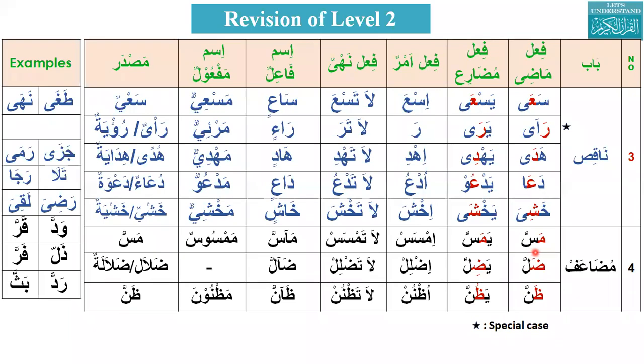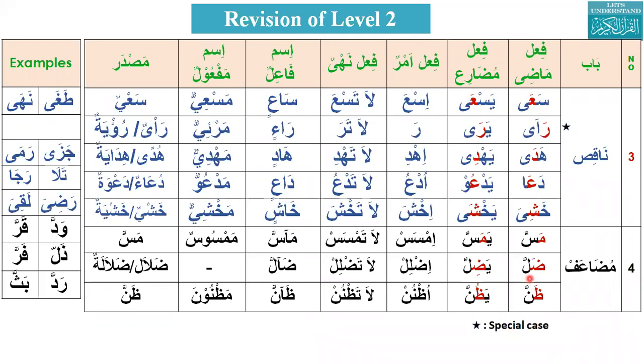Okay, Massa means he touched. What is the fa'il for Massa? Mass. And what is the Amr for Massa? Imsas or Massa. And what is the plural for Yamassu? Yamassuna. And what is the second person? Tamassu, Tamassuna.